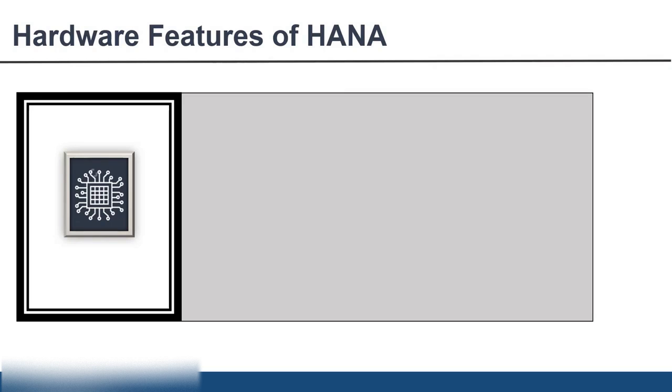HANA can give you better performance compared to other databases because of its unique hardware and software features. So it's not just because of hardware features or just because of software features, but it's a combination of hardware features and software features. And that is why you need to understand what the hardware features of HANA are.